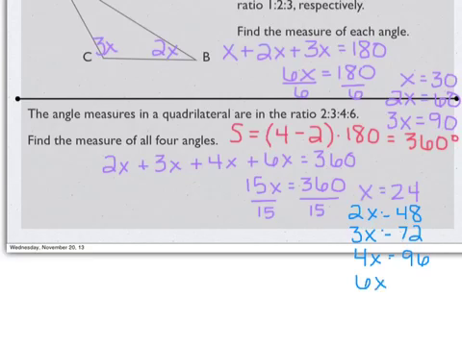And 6x, 144. And now I should be able to take those 4 angle measurements that are in blue, add those together, and those should give you a grand total of 360. I'm just checking in my head real quick. Yep, we're good.